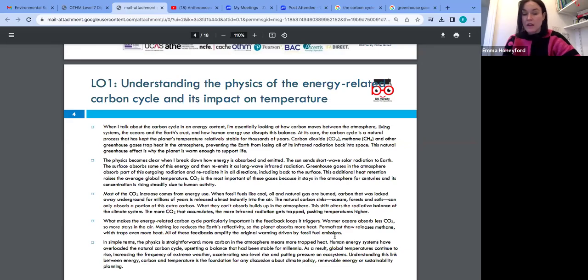It's all connected, and there's something called tipping points that all get triggered, which we will talk about in the next session. So it's really important to understand the link between energy usage, carbon, and temperature as a foundation for when we look at any kind of climate policy, renewable energy, or sustainability planning.